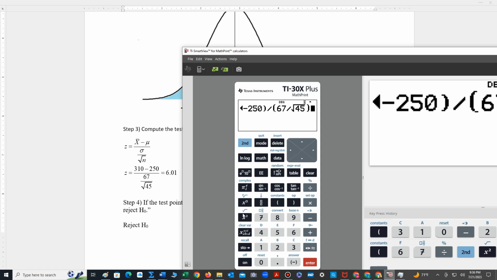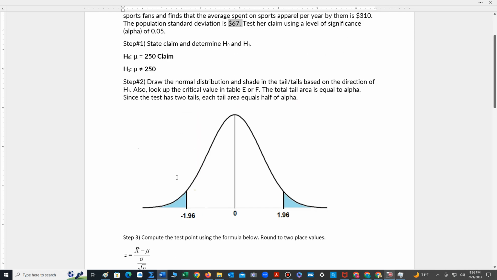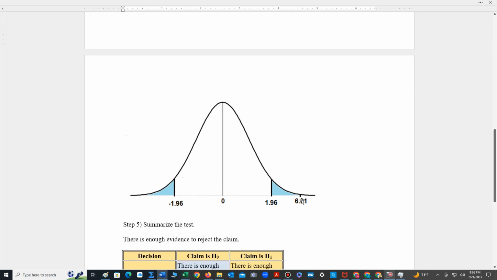And hit enter, and if we round it to two places, it rounds to 6.01.